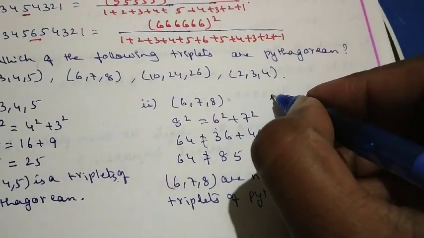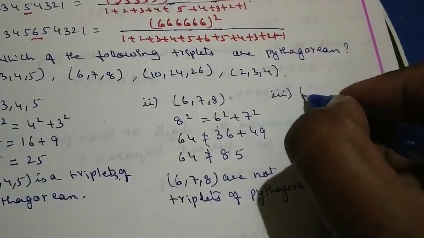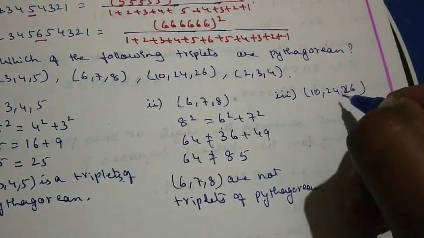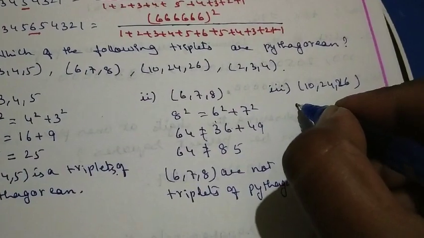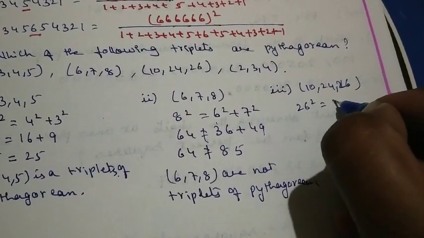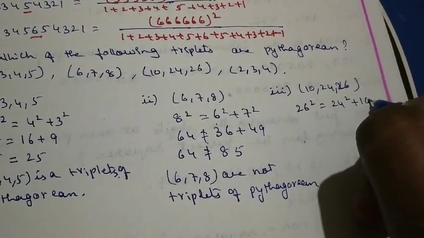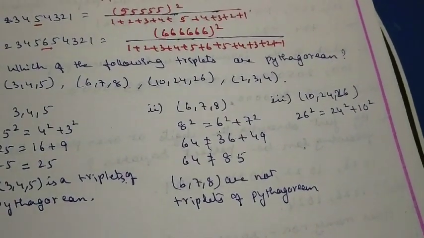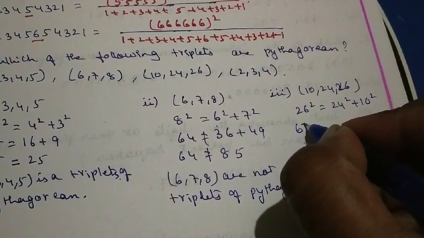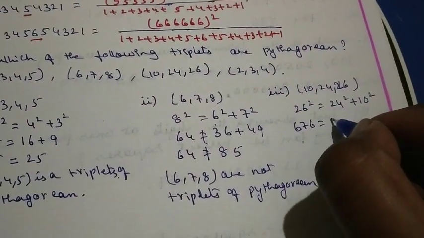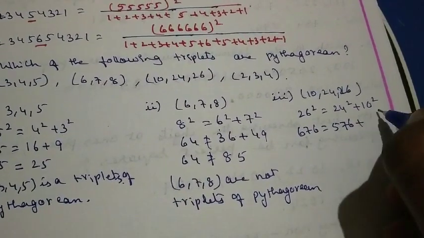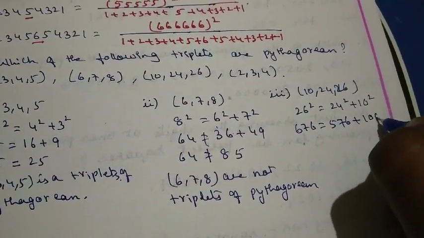Now I'll move to the third one, that is 10, 24, 26. Among these, 26 is the highest. So 26 square equals 24 square plus 10 square. 26 square, that is 26 into 26, is nothing but 676, equals 24 into 24, which is nothing but 576, and 10 square, 10 into 10, is nothing but 100.